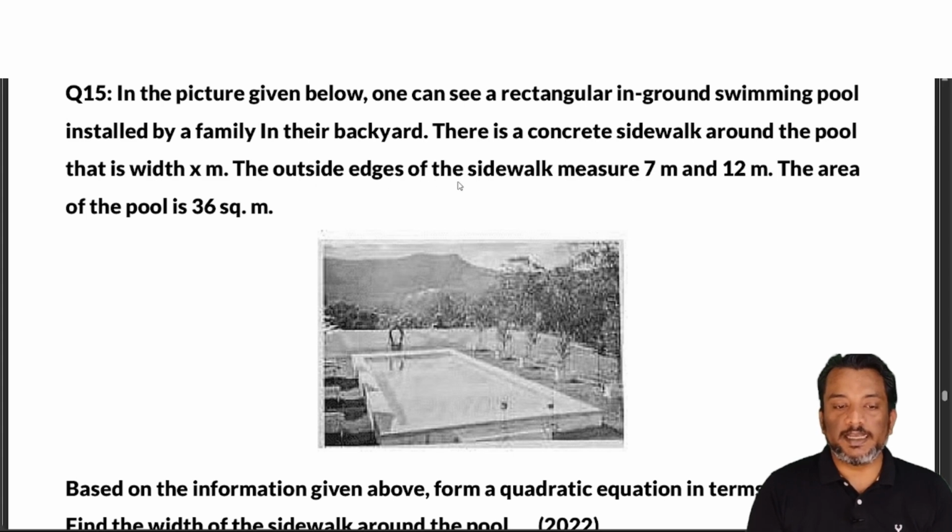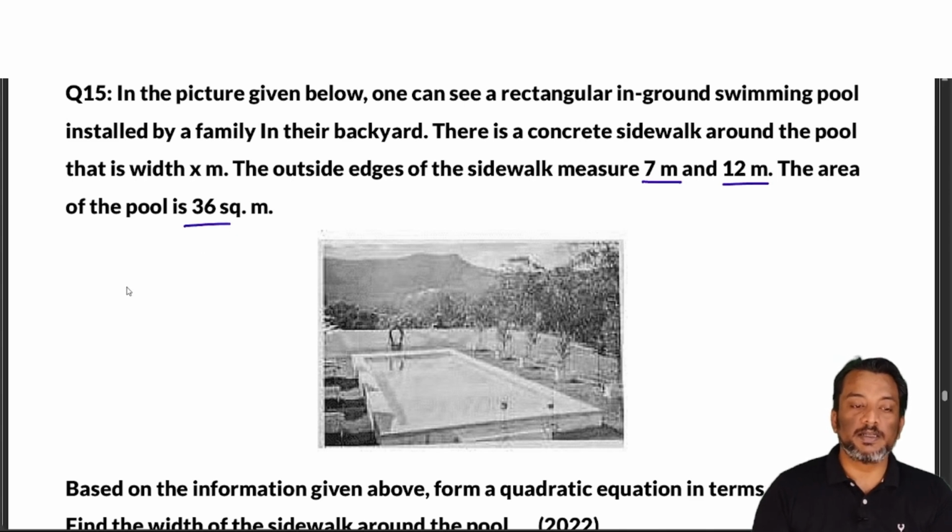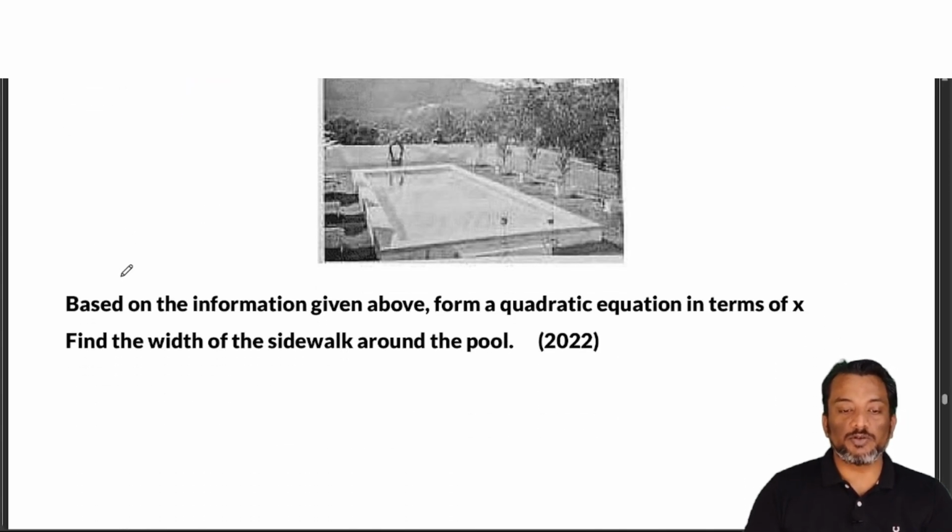The outside edge of the sidewalk measures 7 meter and 12 meter. The area of the pool is 36 square meter. Now based on the above information, form a quadratic equation in terms of x and find the width of the sidewalk.